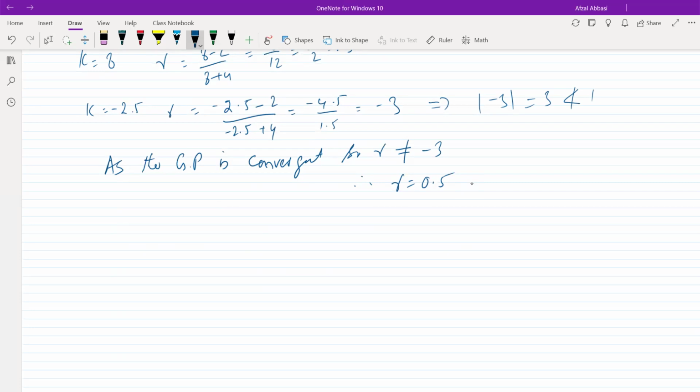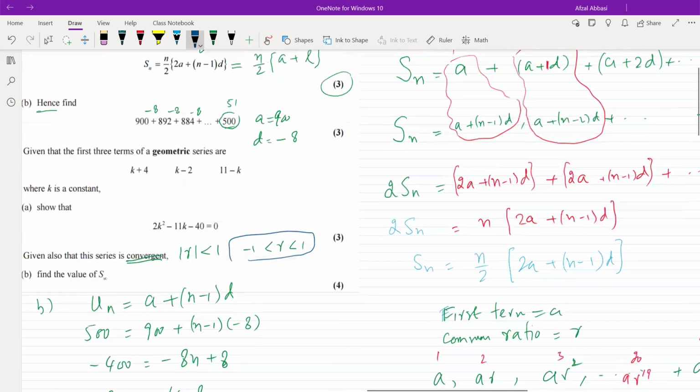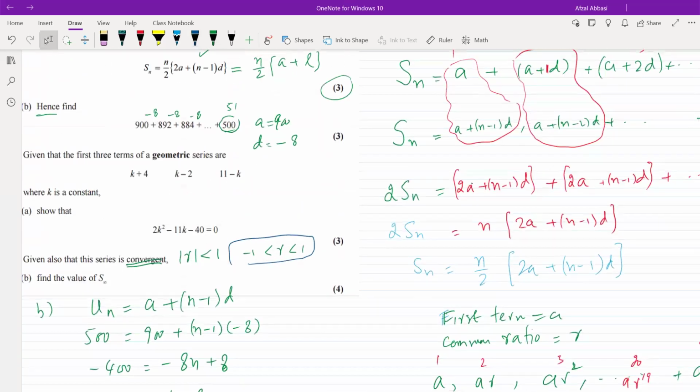So now we can use this value of r to find the sum to infinity. Sum to infinity is a over 1 minus r, where a is k plus 4.